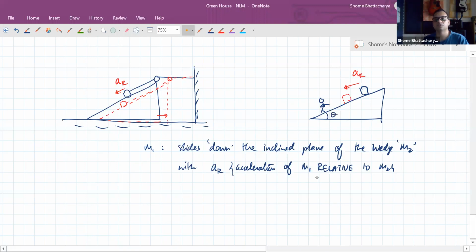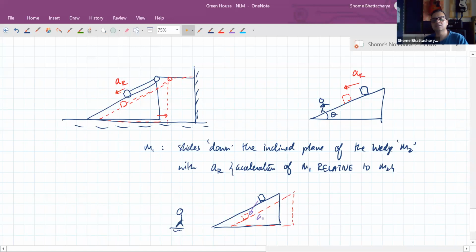Because in the ground frame, the block was here initially. Now, after some time, the wedge has moved like this, and the block has moved here. So its direction of motion is different.